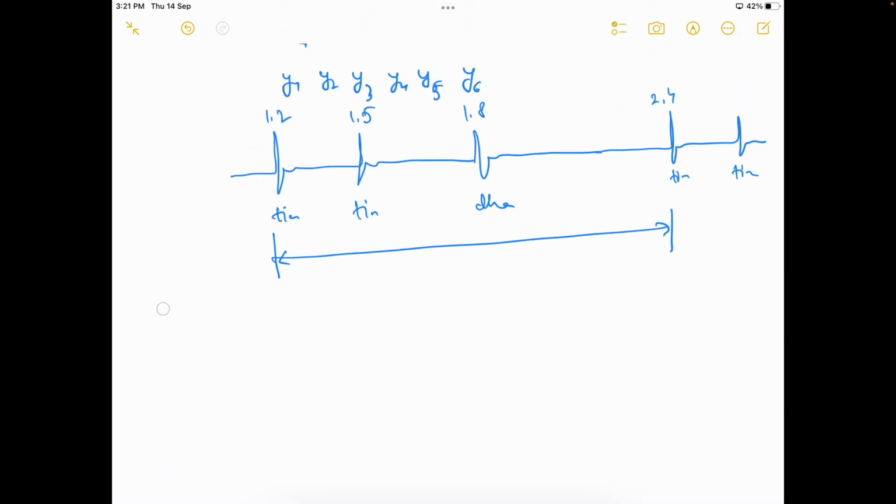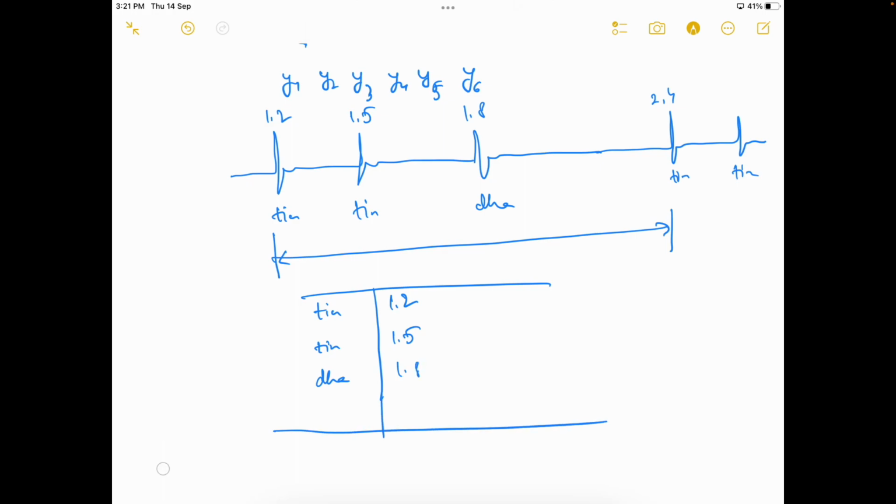I will write the name, and then the onset time, then again the name, again the onset time, again the name, again the onset time, and again the name and the onset time.